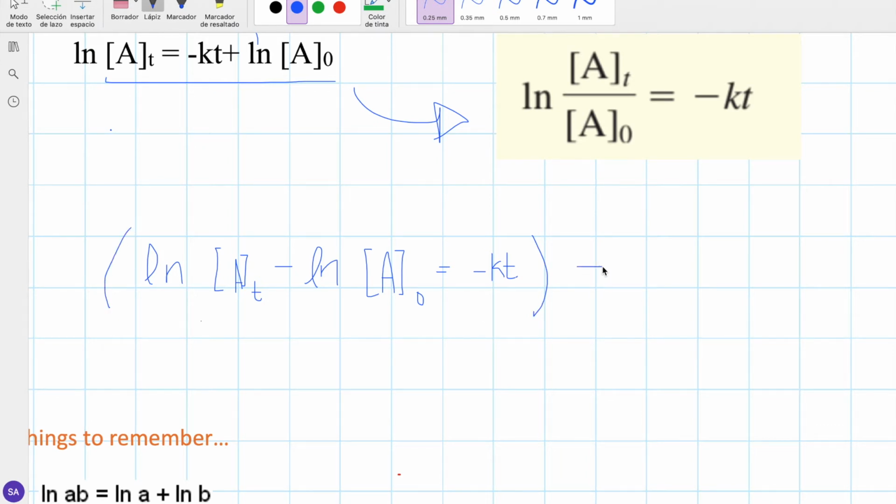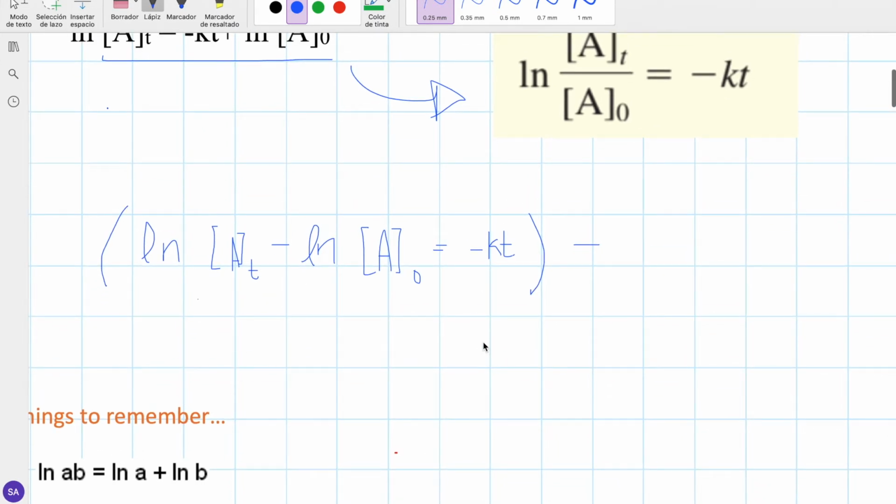And from there, this is a personal preference, I guess. If I can, I like to cancel out the negative signs because I don't like working with those. So I would just go ahead and multiply everything by the negative sign.